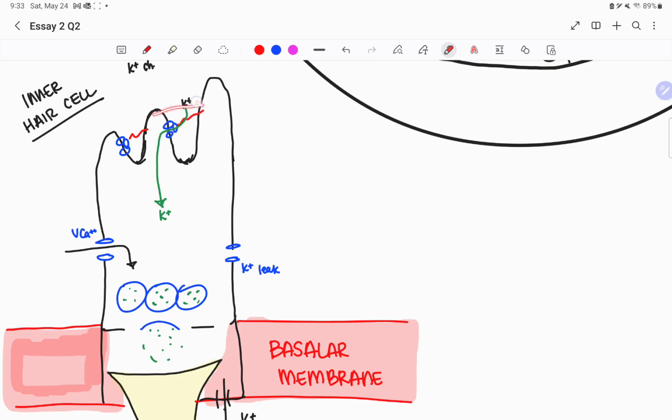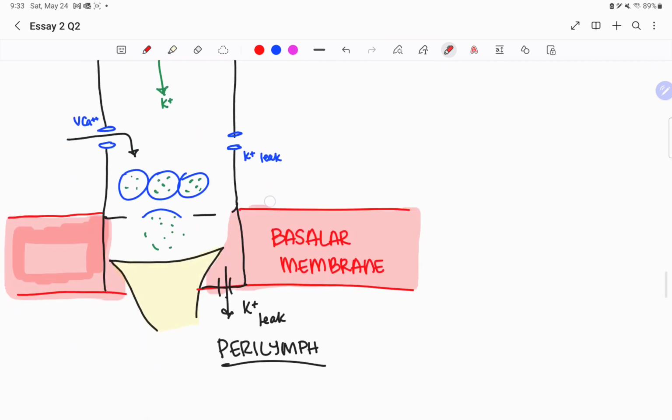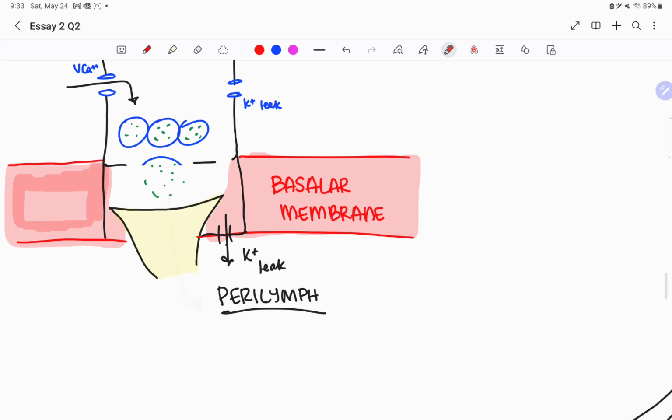As this one bends this way because this is pulled on it, then this one pulls, and again, we have another inrush of potassium, okay, causing depolarization, opens up voltage-gated channels, causes exocytosis. We have a whole bunch of neurotransmitter, goes on to our neuron, takes it to the brain.